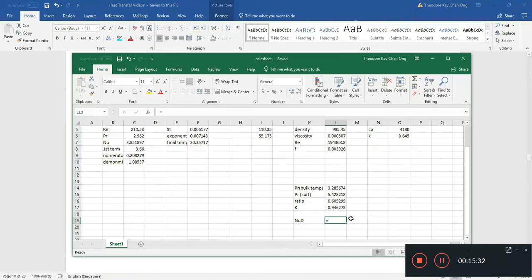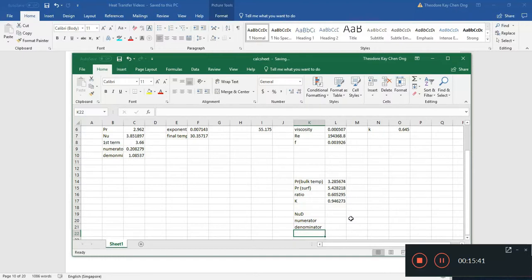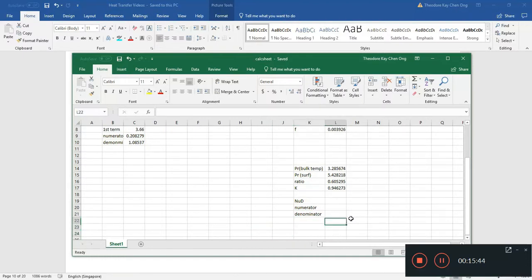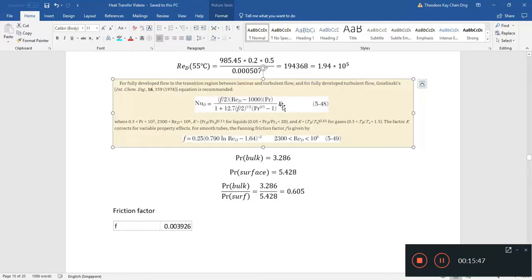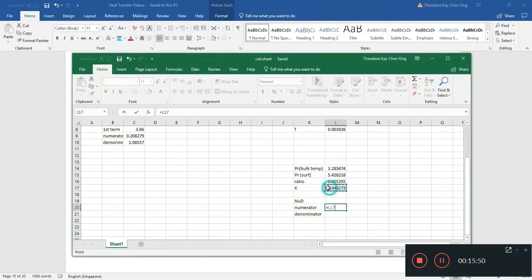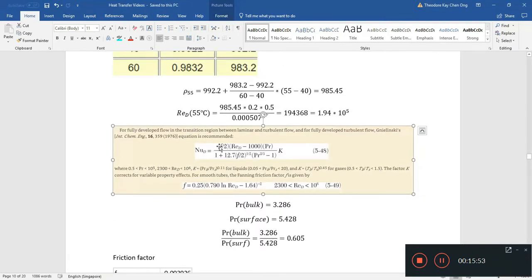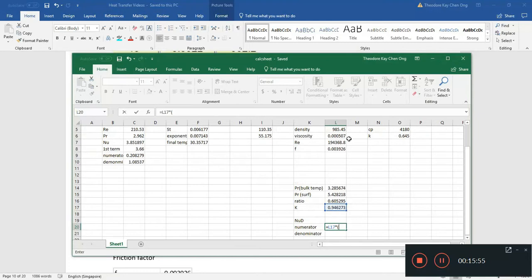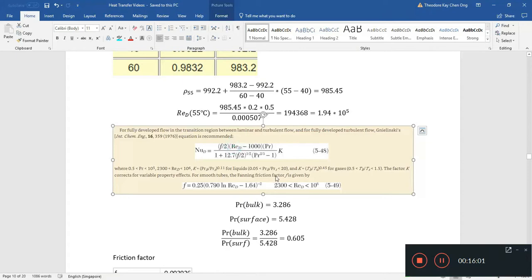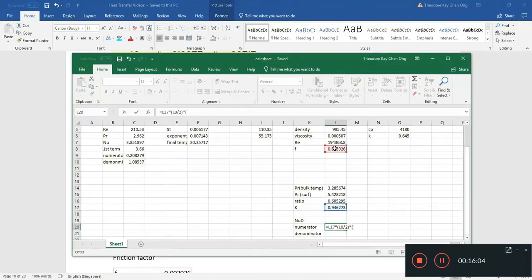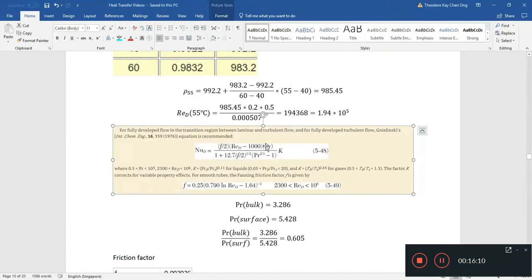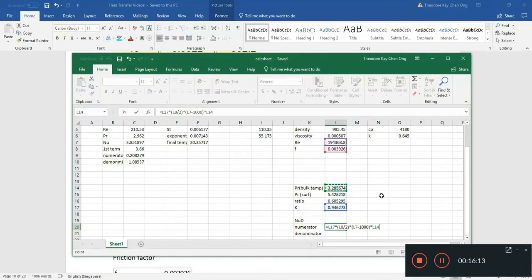So what's at the top? Let's separate out into the numerator and denominator. Numerator is K times friction factor over 2, F over 2. What's next? Reynolds number minus 1000 times the Prandtl number, so we look for the bulk temperature Prandtl number.